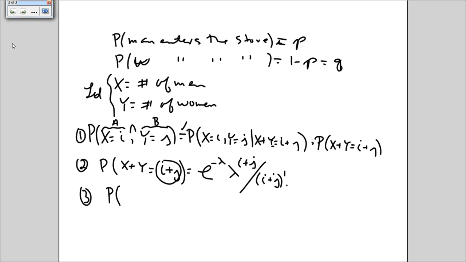Now, if I put a 'given that', and the 'given that' doesn't give any new information, it still equals itself.